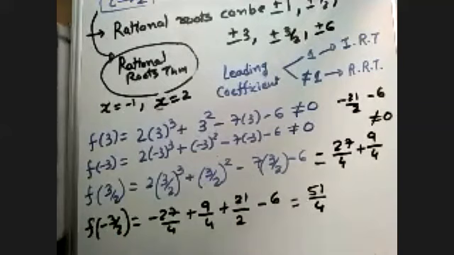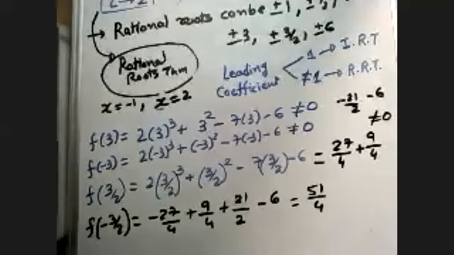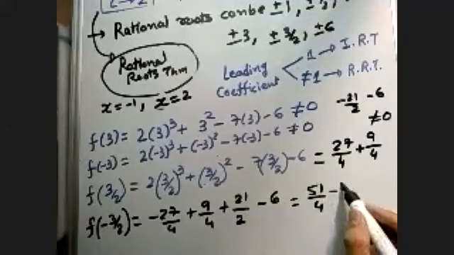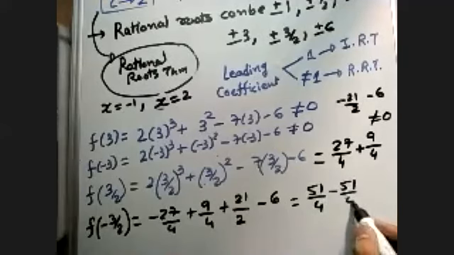And here if you will take LCM, 6 4s are 24, 24 and 27, 51 by 4. So plus 51 by 4 minus 51 by 4, definitely it will become 0. So our third root will be x is equal to minus 3 by 2.